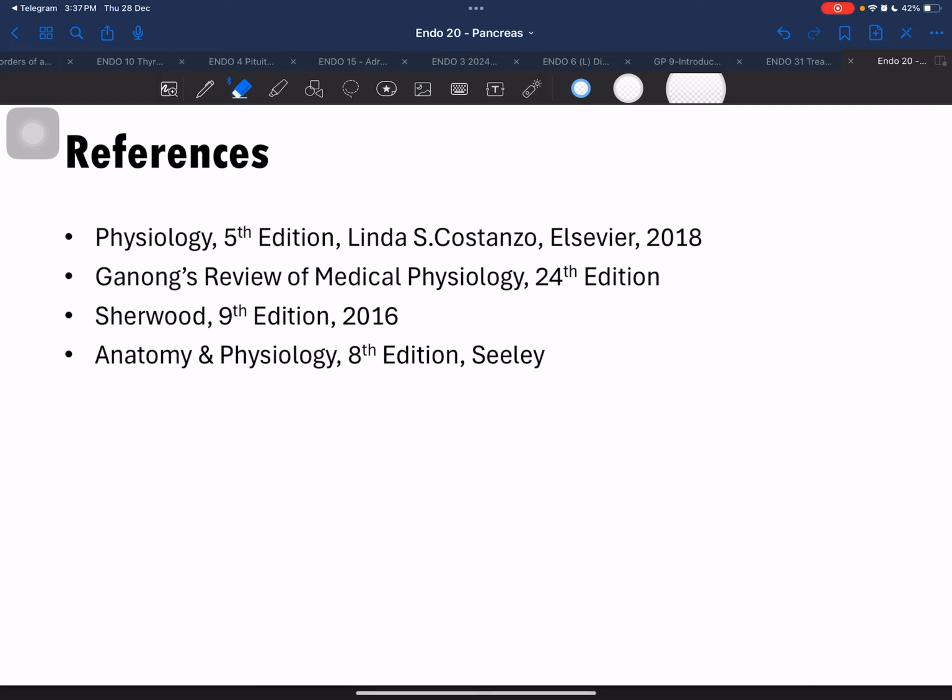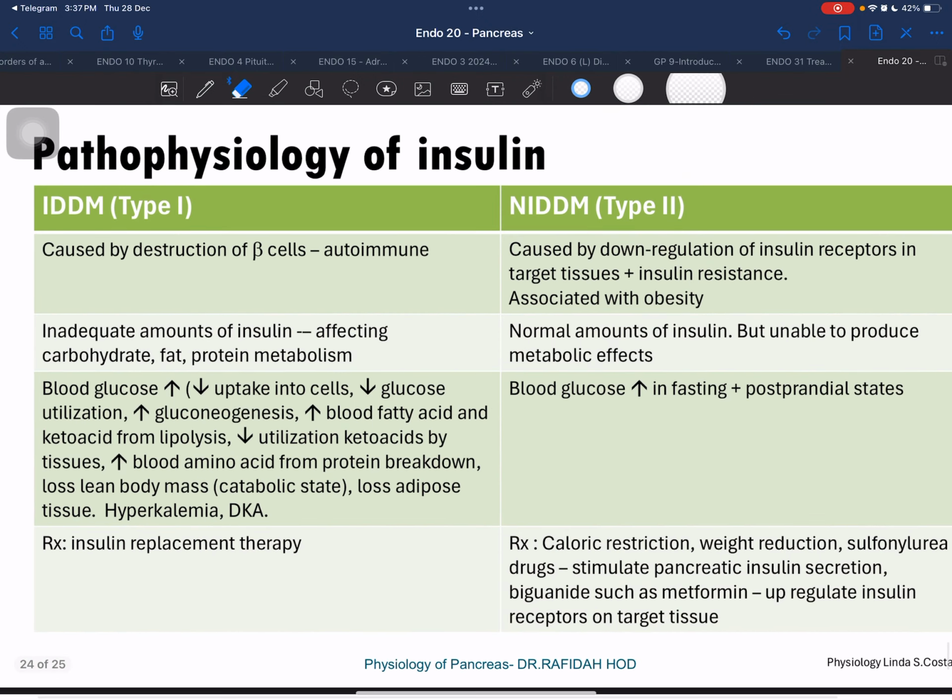For type 1, there is destruction of the beta cells. That can be autoimmune. So for no reason, the body doesn't produce these beta cells. Beta cells produce insulin, right? So if there is destruction of these beta cells, there is no insulin in that patient.